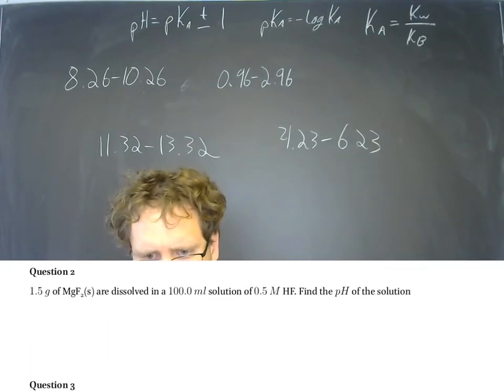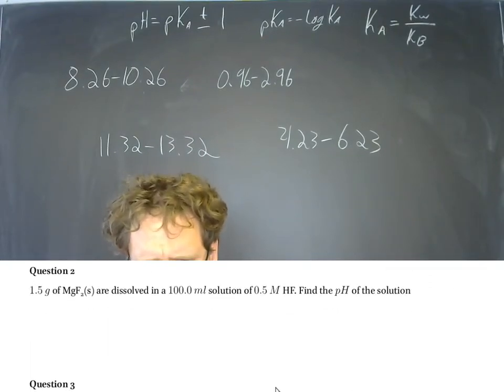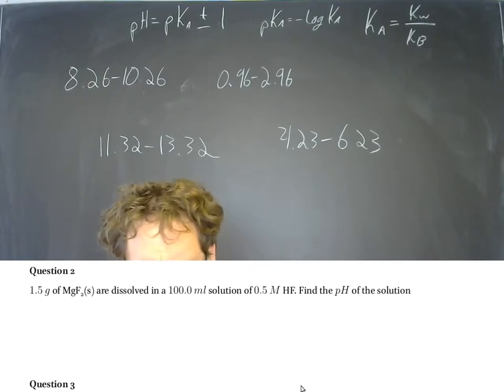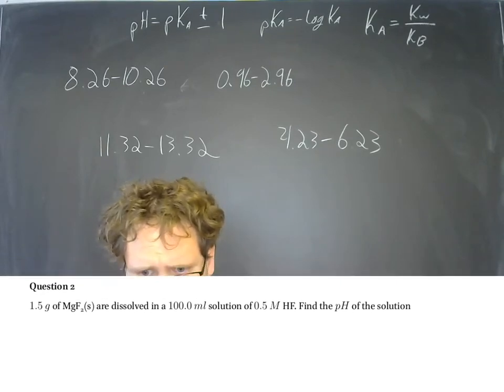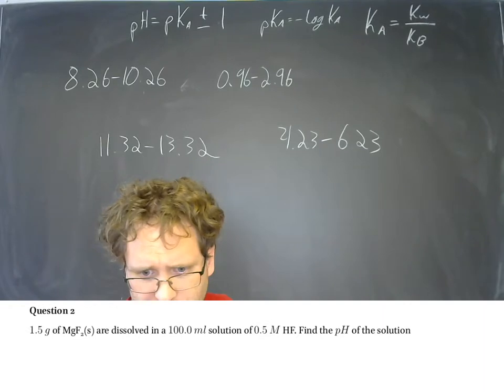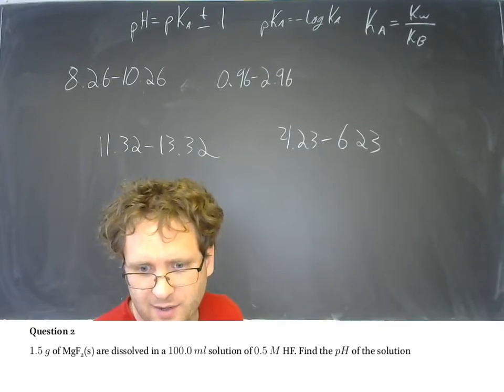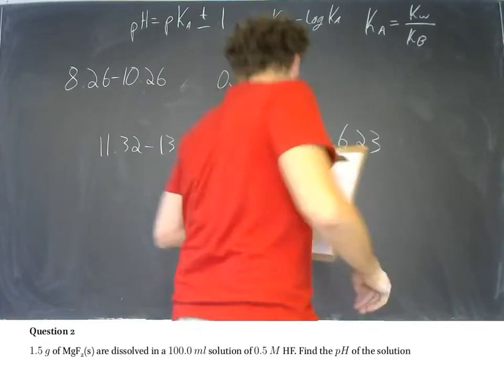Okay, now we have 1.5 grams of magnesium fluoride dissolved in a 100 milliliter solution of 0.5 molar hydrofluoric acid. I'm going to give myself as much board space as I can here, because I think we'll need it.